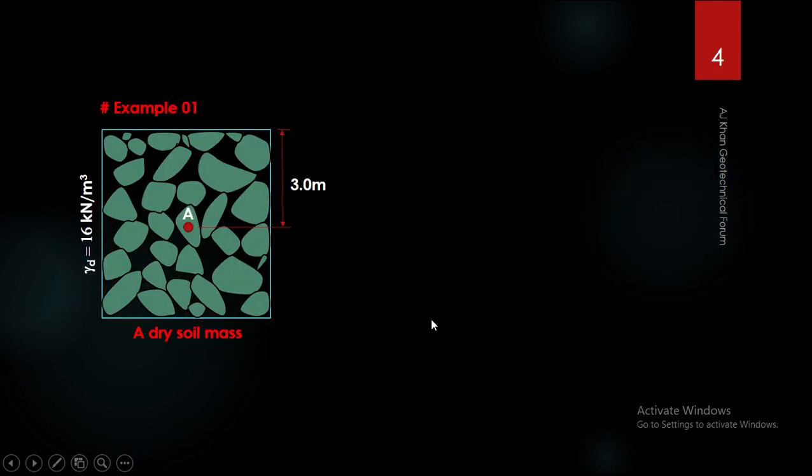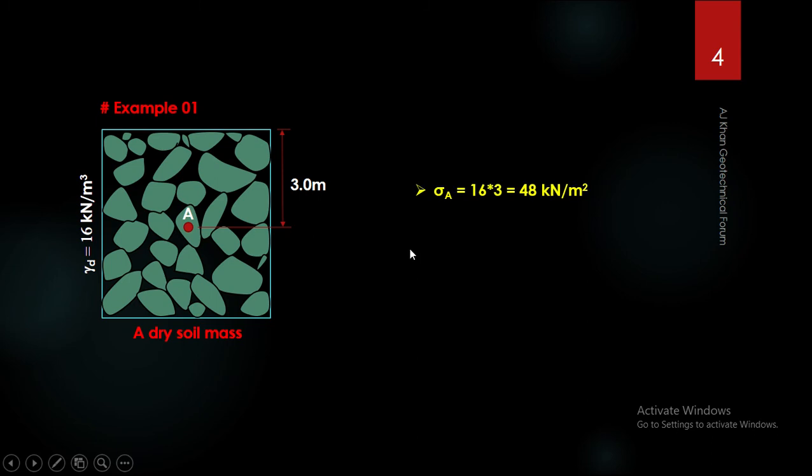Now let us take an example for further understanding. So we have a soil mass in its dry state, that is, the degree of saturation is 0 and there is of course no water in the void spaces. And the dry unit weight of this soil mass is 16 kilonewton per meter cube. And let us consider a point 3 meter below the surface, point A. Now we want to calculate the total stress, effective stress, and pore water stress at this point of the soil mass.